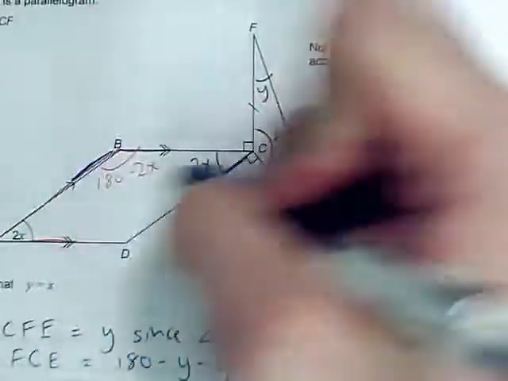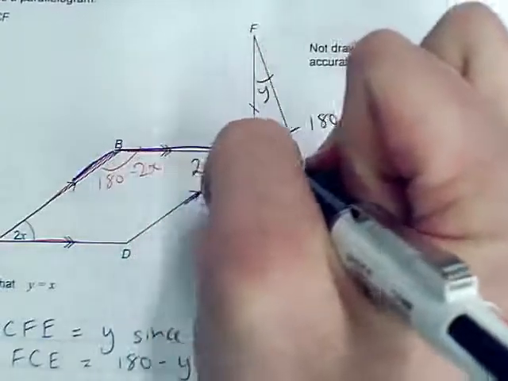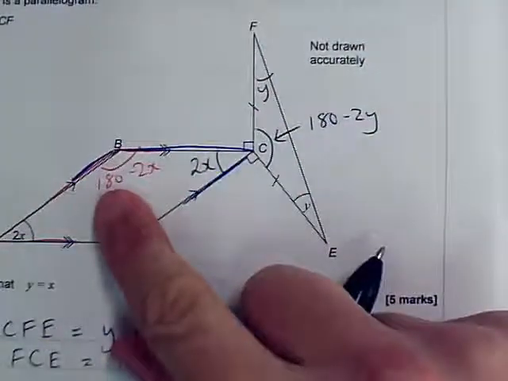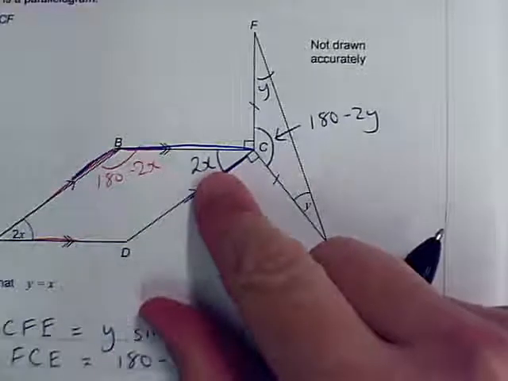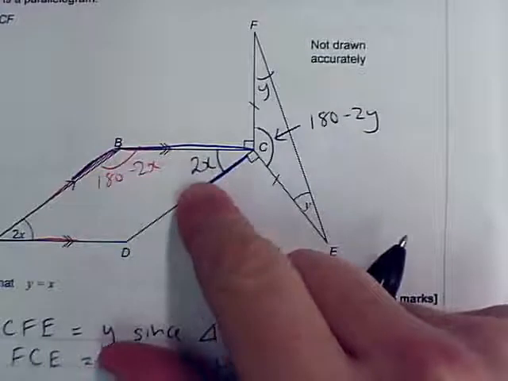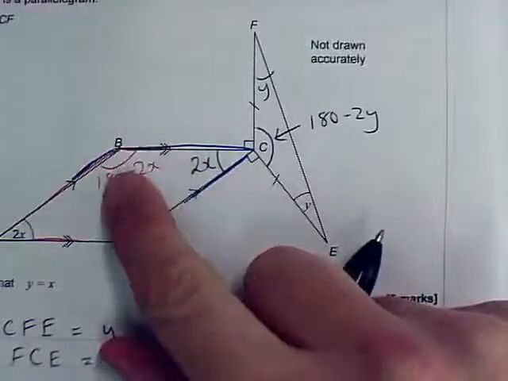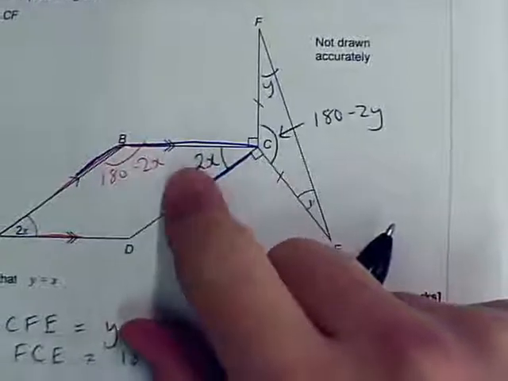And then if I just do the same thing again, looking at this way round, these are my two parallel sides. If that is 180 minus 2x, this would have to be 2x, because these two angles have to add up to 180, and 180 minus 2x add 2x would give you 180.